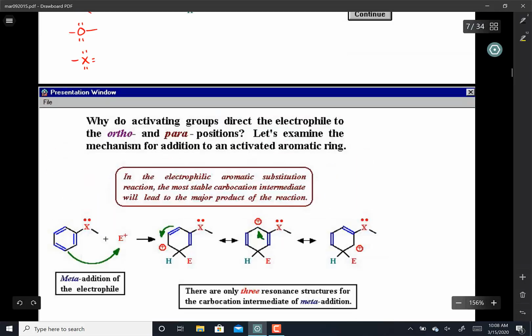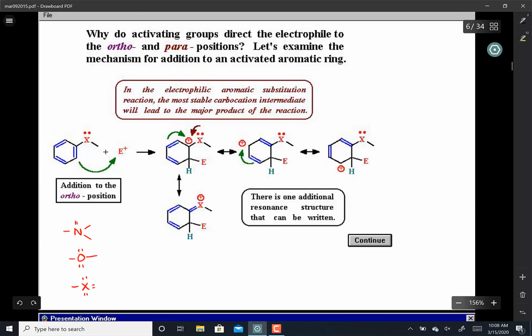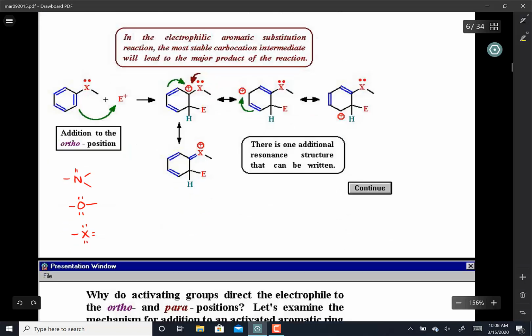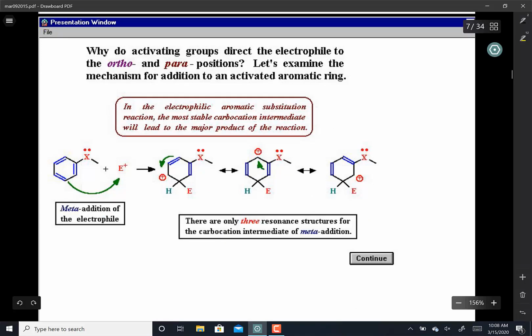So if I add to the ortho position, we can get the fourth resonance structure, which leads to a more stable intermediate, whereas if I add to the meta position, I don't get that fourth resonance structure.